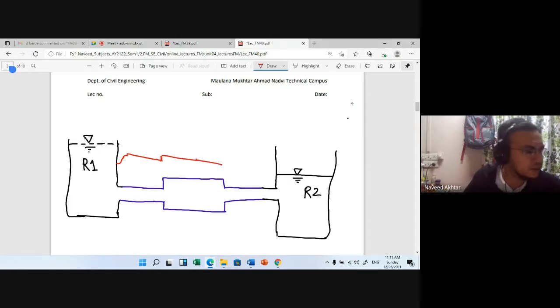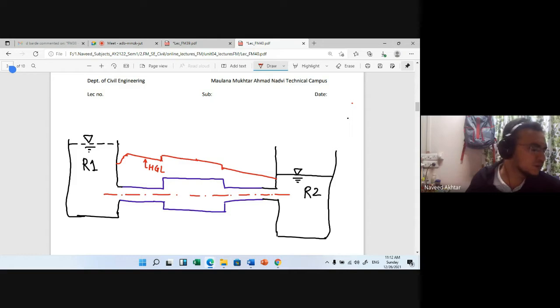Then again the diameter is less, the pressure will be less, and it will be somewhere here. So this is nothing but your HGL, the hydraulic gradient line. It is generally measured from the center line of your pipe. Okay, the pressure is measured from the bottom or center line of your pipe.